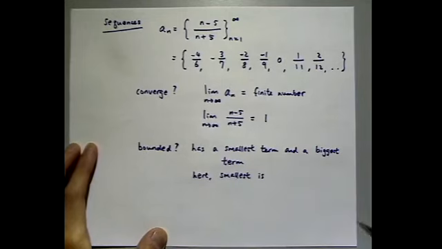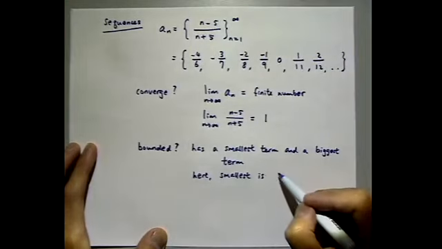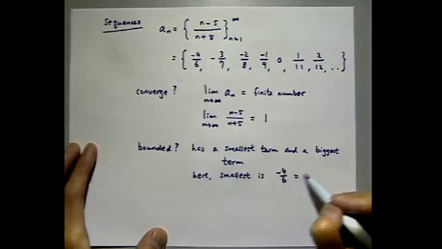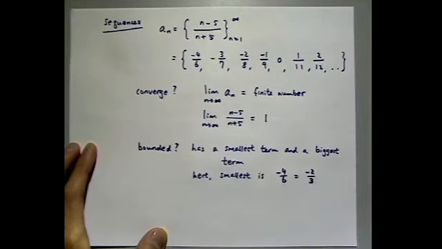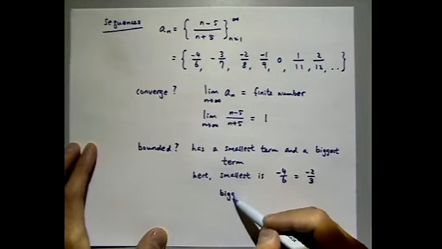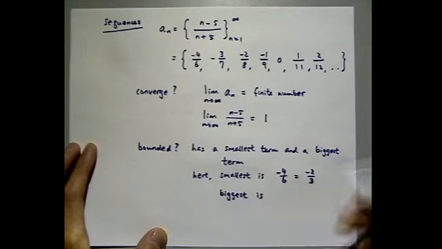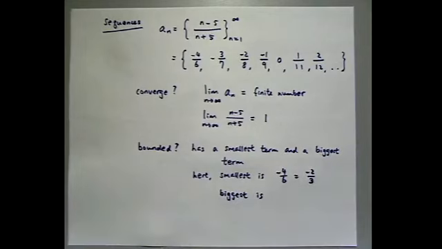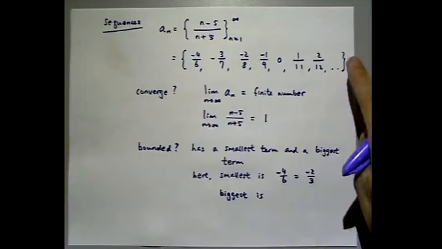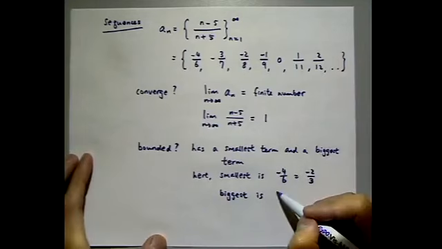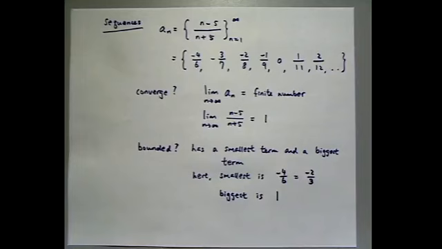Here, the smallest one is the one here. These things are all getting bigger as they go on. So negative 4 over 6 or negative 2 over 3. What about the biggest? 1, yeah. If we could reach infinity at the right end, we would get to 1. The terms approach 1 as we keep expanding the sequence.